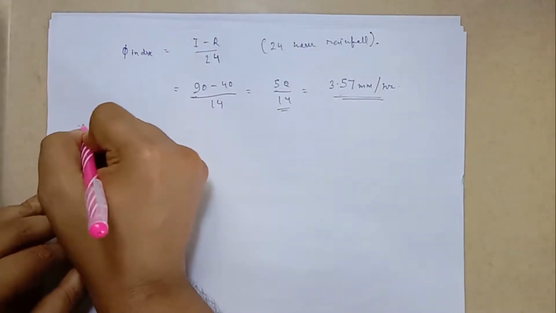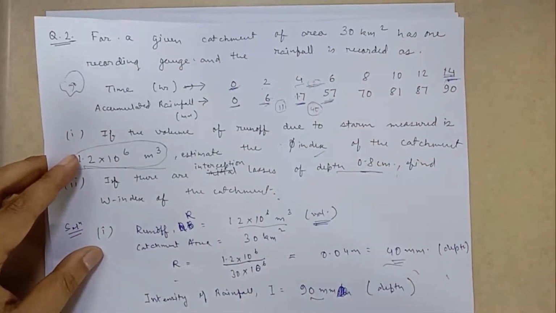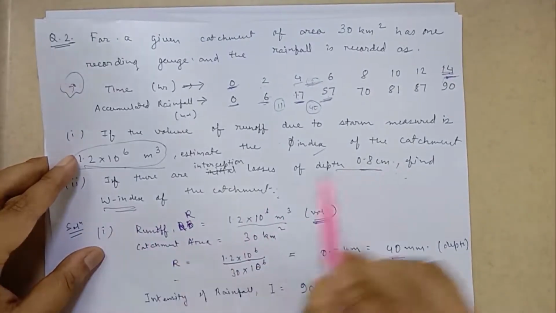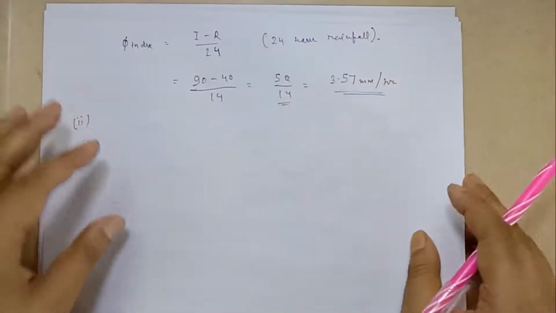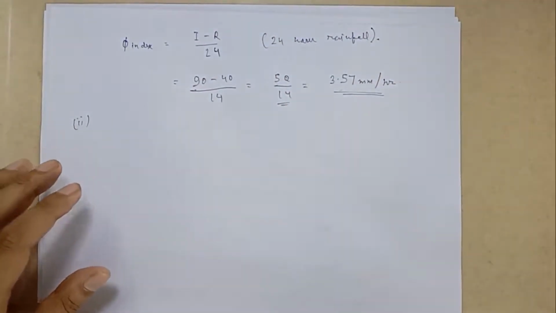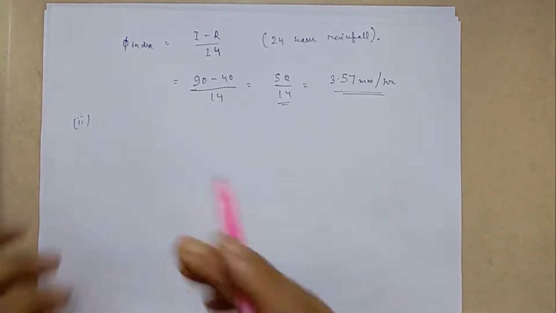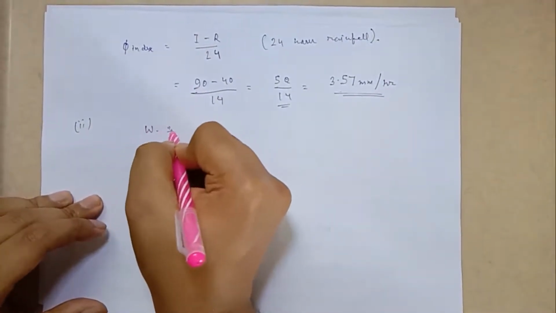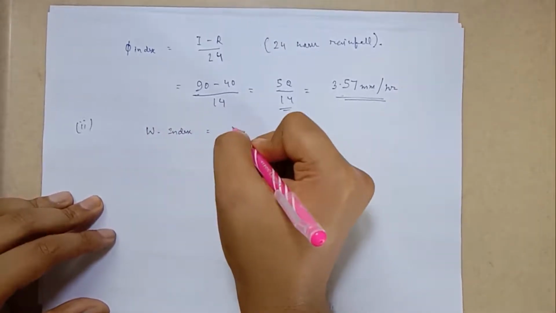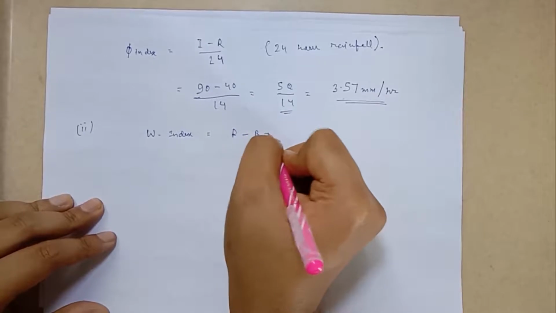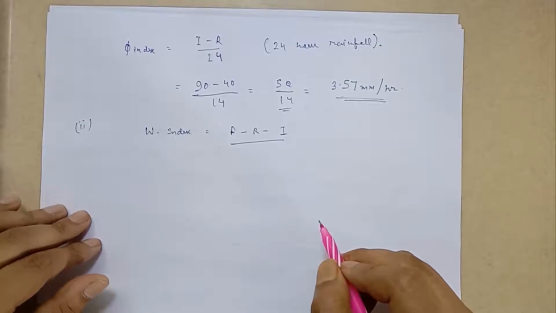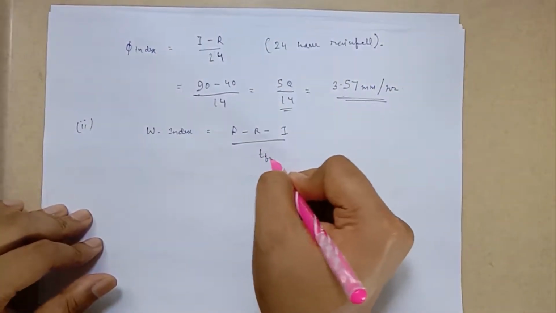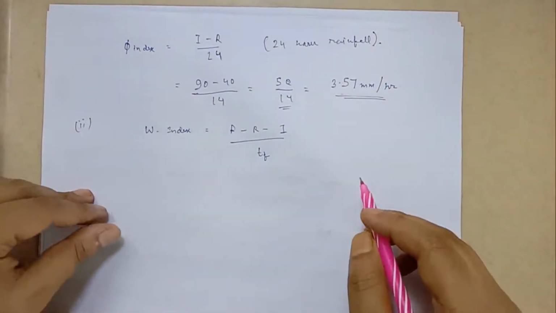Next, in the second part, we are asked to find the W index of the particular catchment. Okay, so the W index is given by P minus R minus I divided by the TF. Let us say it is our time, 14 hours only.